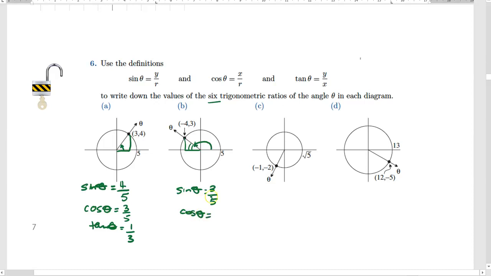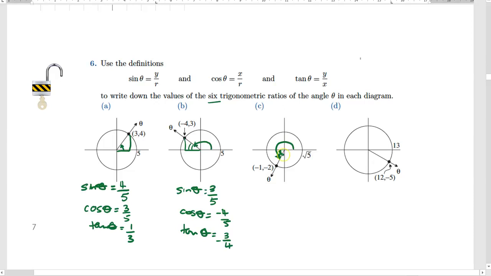Cos of theta is the x, which is negative as we expected, and tan of theta, because it's y over x, or sine over cos I should say, is going to be minus 3/4.